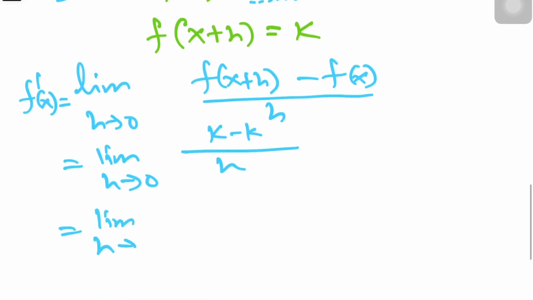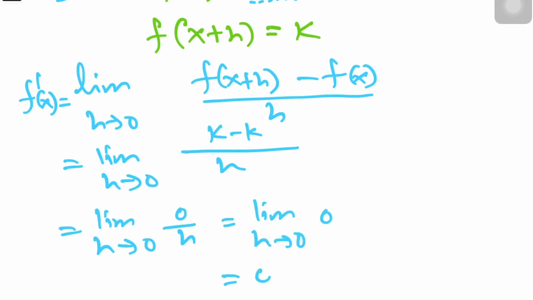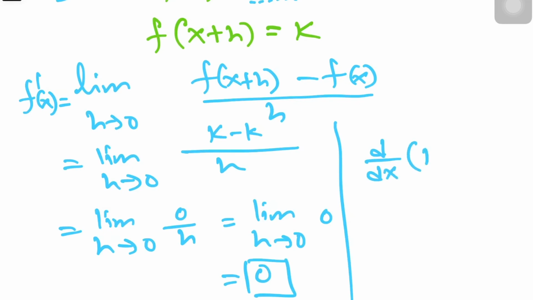So the limit as h approaches 0 of 0 over h is equal to the limit as h approaches 0 of 0. So the answer is 0. As you can see, if you take the derivative of any constant, the answer will always be 0.